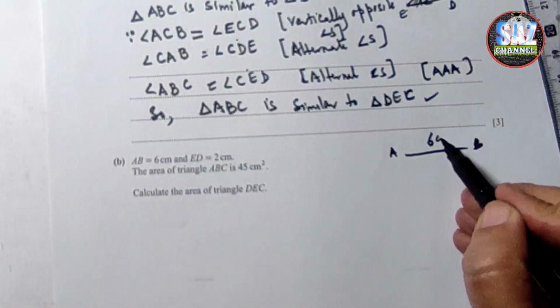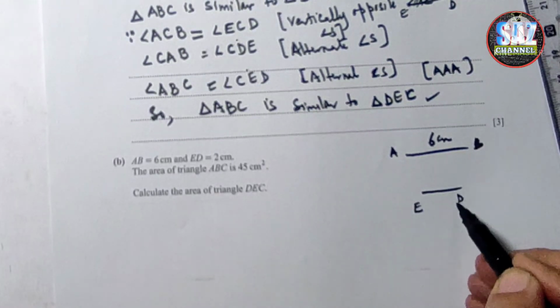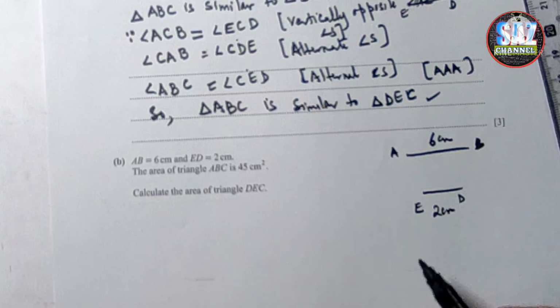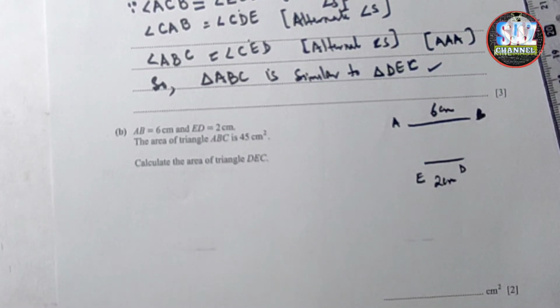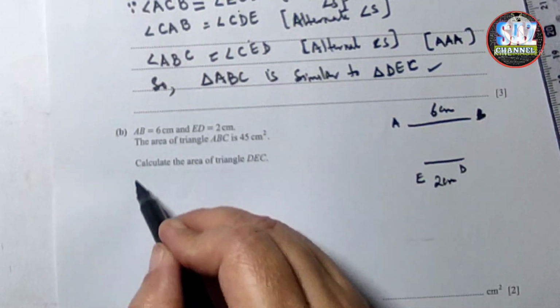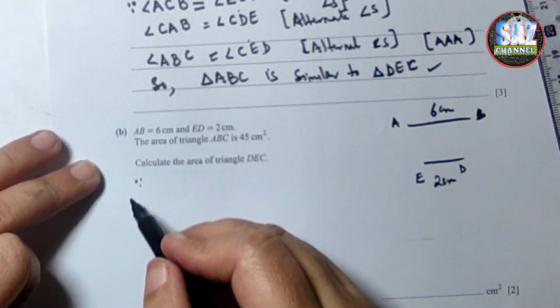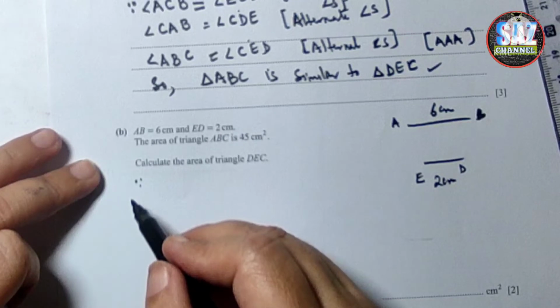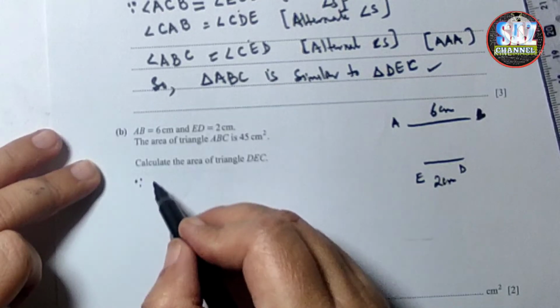Now, as we have proved in the previous part that triangle ABC and CED are similar, we know that when two shapes are similar, the ratio of their areas will be equal to the square of the ratio of their corresponding sides.